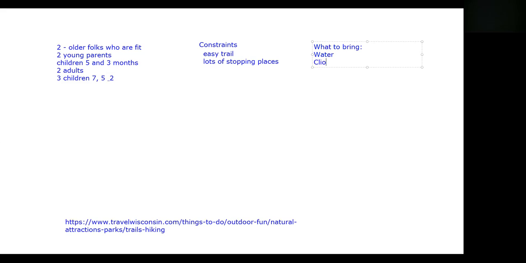What kind of clothes? Well, we definitely would want to check out the weather report. You can obviously get that on the internet, depending on how warm it'll be. So what's the weather going to be like?